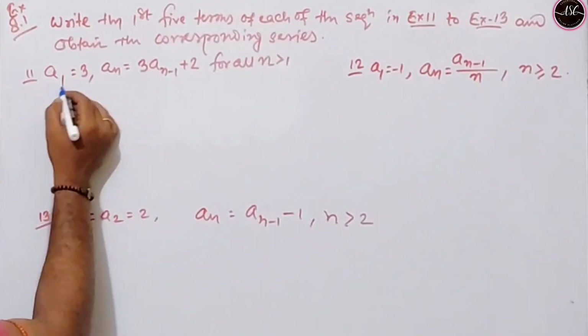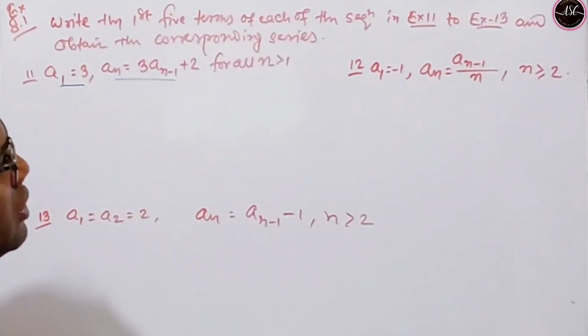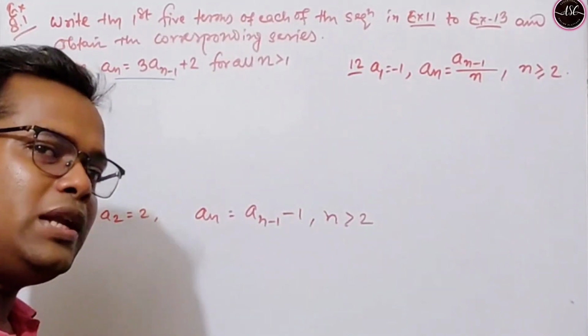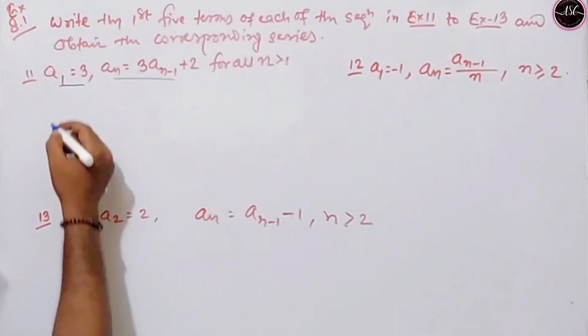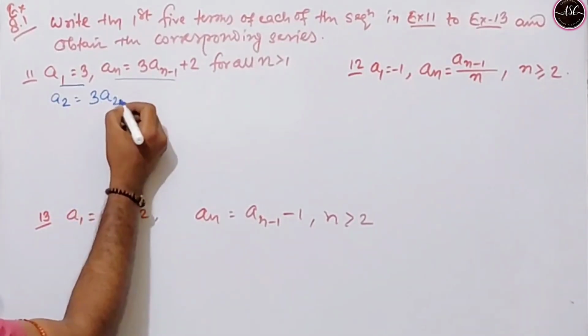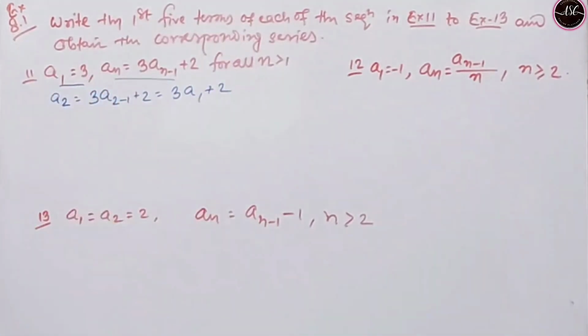Okay. So here a1 is given as 3 and an equal to 3 a n minus 1 plus 2 for all n greater than 1. So the value of n we should take from 2. If we take 2, so a2 equal to 3 into a2 minus 1 plus 2, that means 3 a1 plus 2. Here a1 is equal to 3.